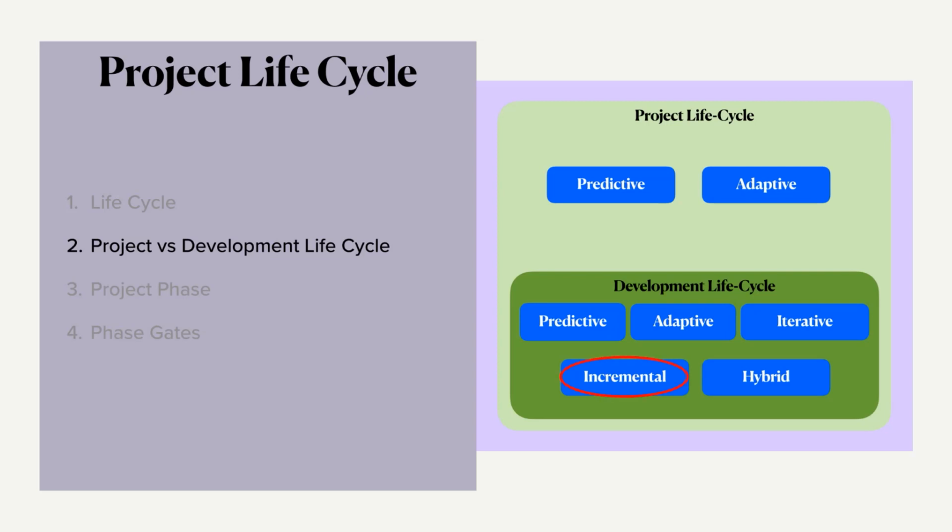An incremental life cycle can be both agile and traditional, and can be called a progressive iteration, as functions keep getting added at every iteration and the project moves forward.